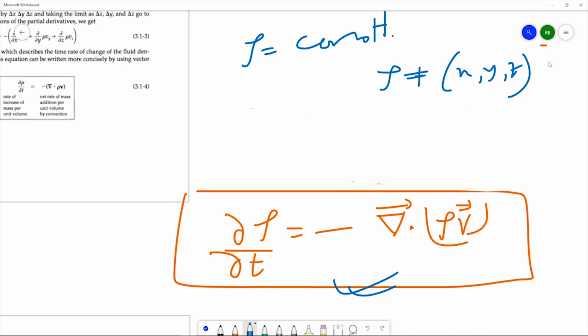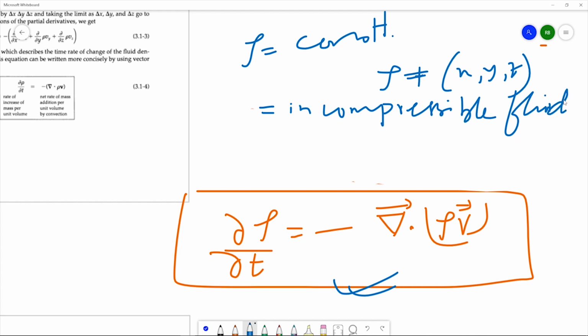Let's say density is not a function of position. Then rho is constant, or we can say it is an incompressible fluid. You cannot compress that fluid. So density is constant.